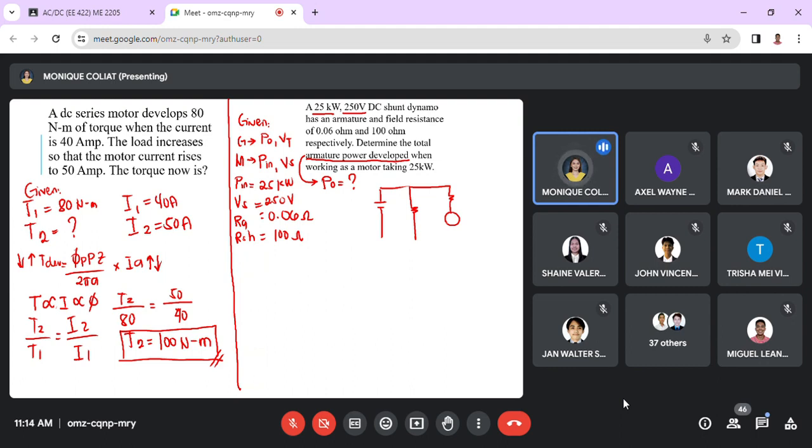We have here RA, we have here ISH, and IS. Okay, so PO, the armature power developed. That means it's in this last part. What is our PO? PO or Pdev equals EB IA. Okay? That is your PO. EB times IA.